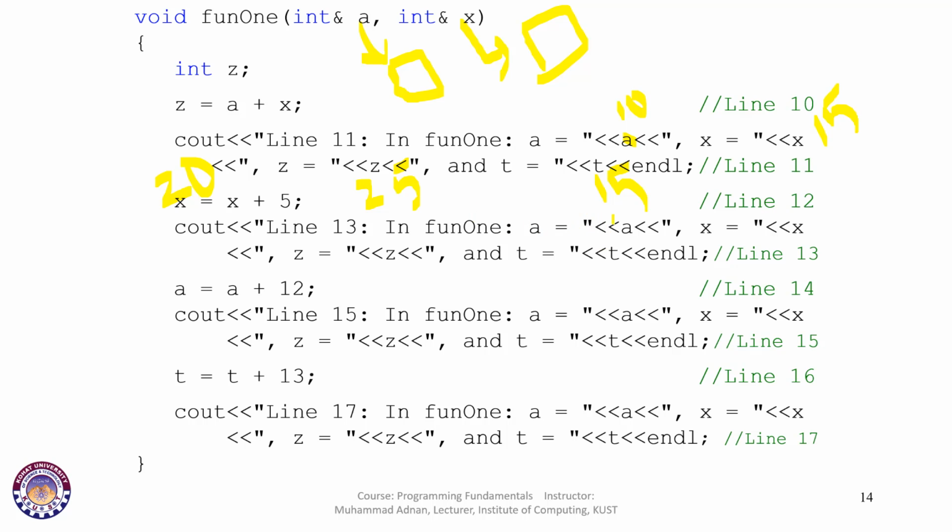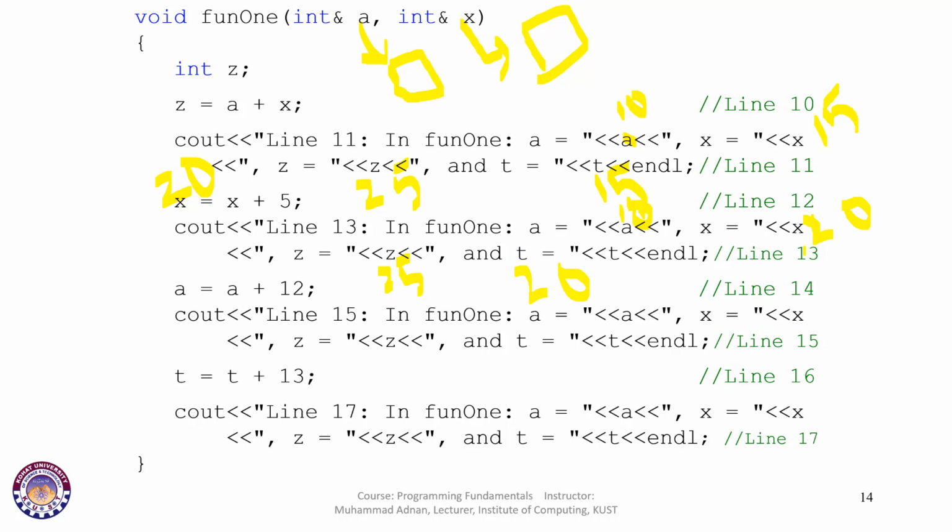We print the value of a, which is 10. We changed the value of x, which is now 20, and z is 25. And t will also be changed because x is holding the address of t, so t will have a value of 20.